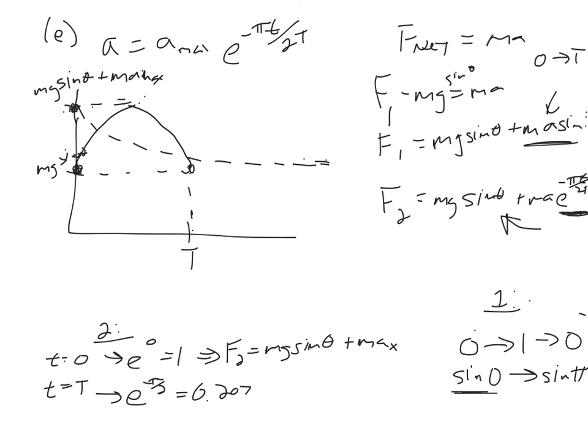This one was definitely probably the trickiest one, and because of that, it was worth 6 points. Most of the points actually came from the first graph: realizing that it starts at mg sine theta, realizing that it looks like half a sine curve, and that it returns to mg sine theta at big T. I forgot to mention that after it reaches this, it just levels out.